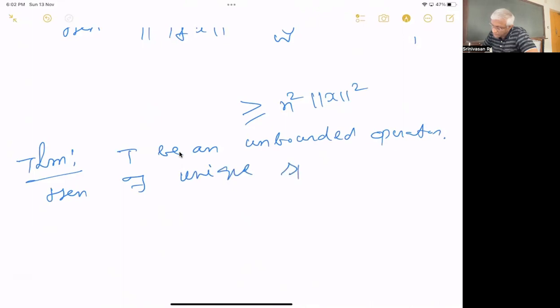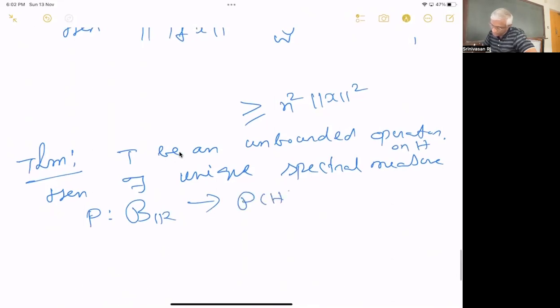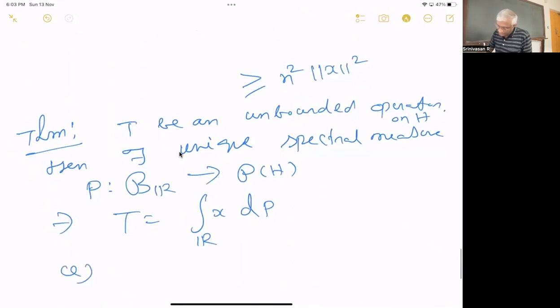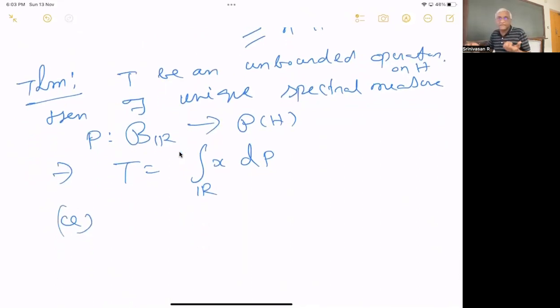Unique spectral measure P from the Borel sigma algebra of R to projections on H, such that T is equal to the integral over R of x dP(x). Okay. So T is just the function x.